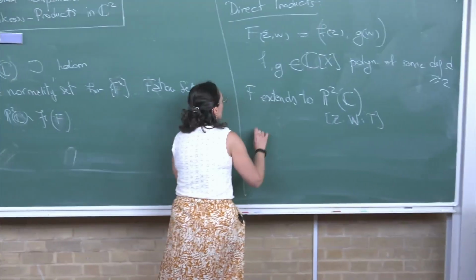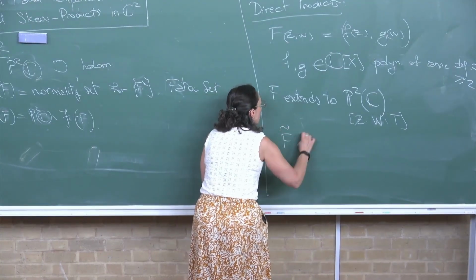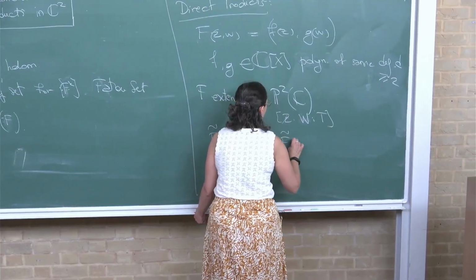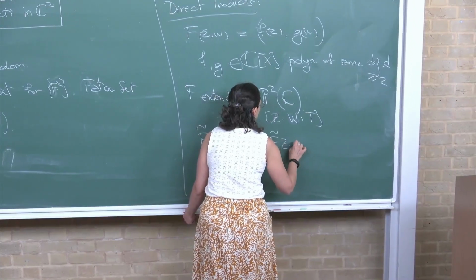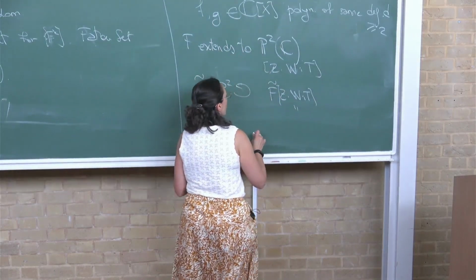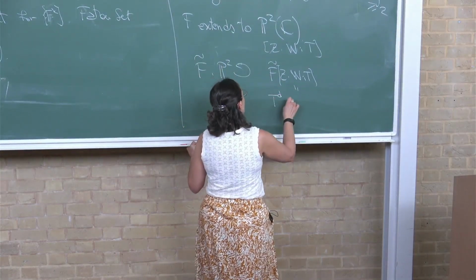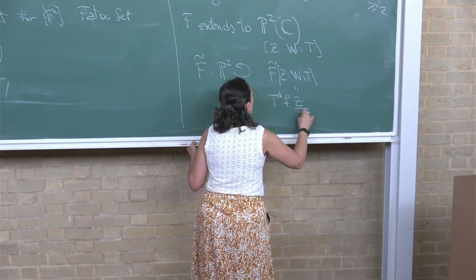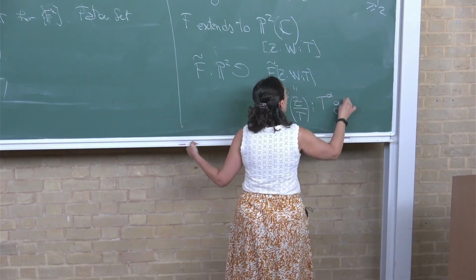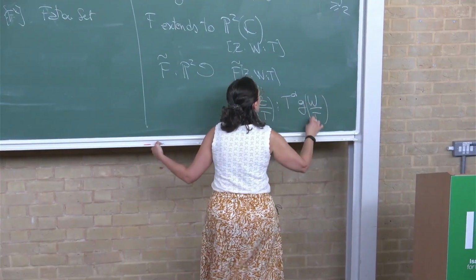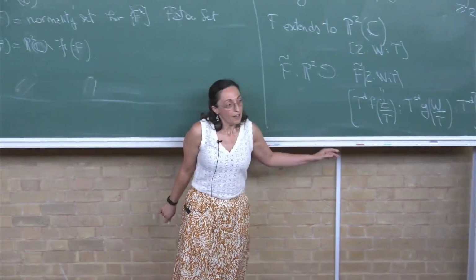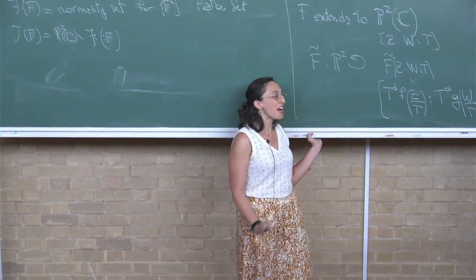So I can consider the map F tilde from P2 to P2 of the form given here, where T is simply going to be, let me see if I do it right. I think I'm not mistaken. Okay, yes, thank you. I was not sure.